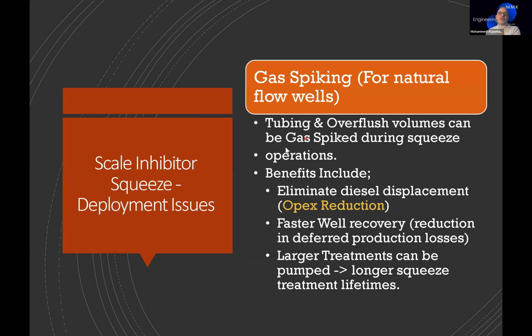So for natural wells, tubing and overflush volume can be gas spiked during squeeze. The benefits of these operations include eliminating diesel displacement.